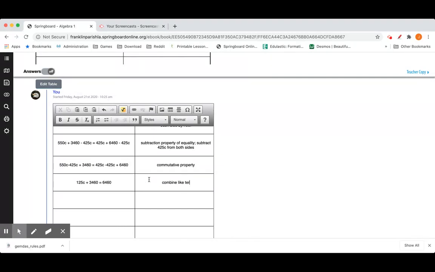Combine like terms. We still have two things that are not the same on one side, so we need to remove this one. Again, subtraction property of equality, we're going to subtract 3460 from both sides.